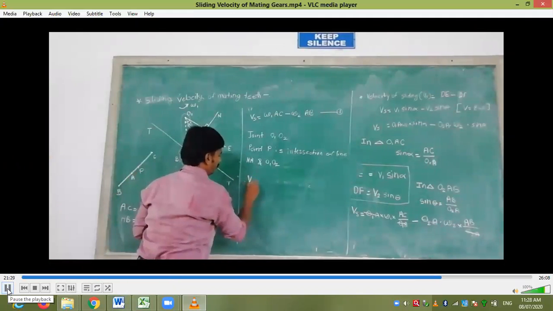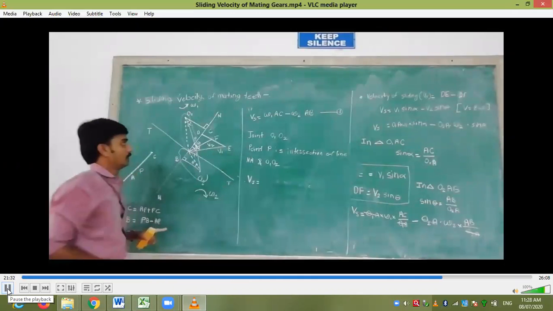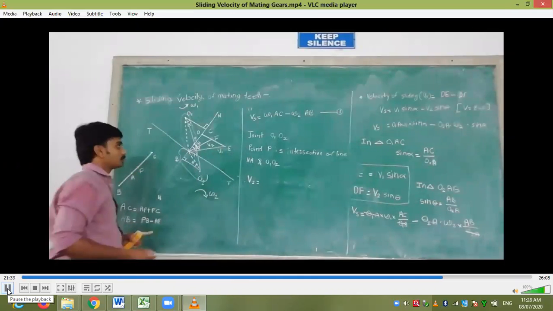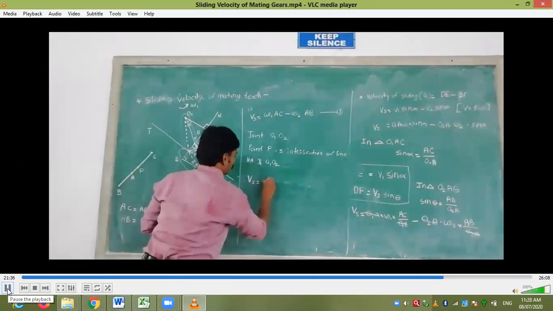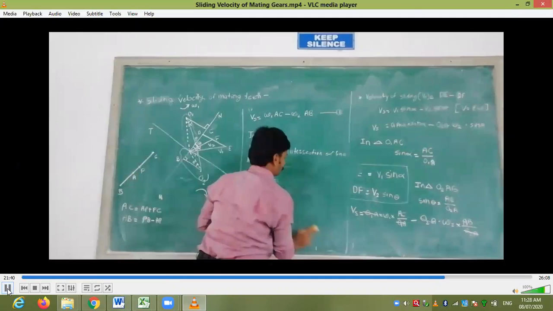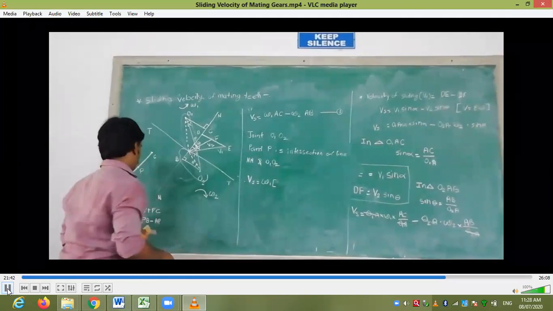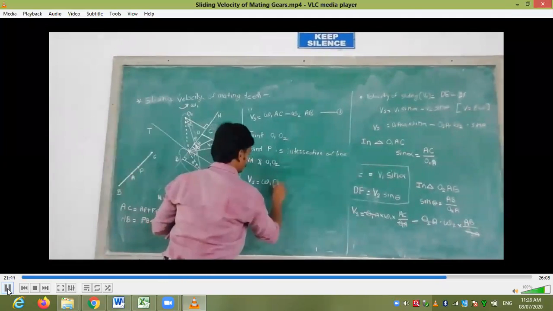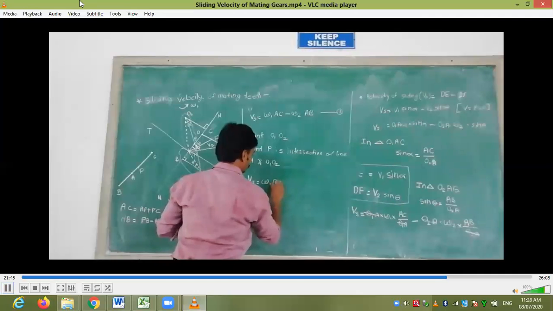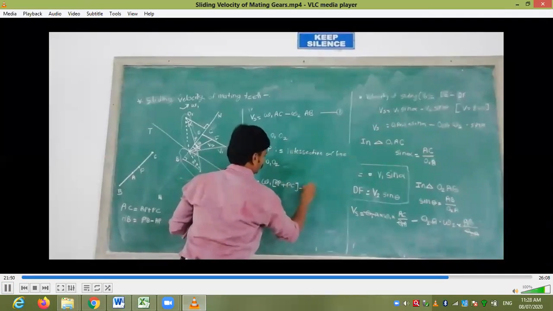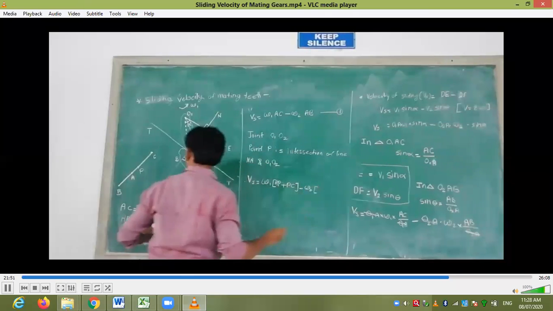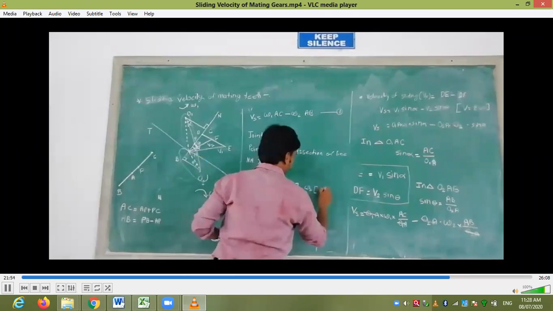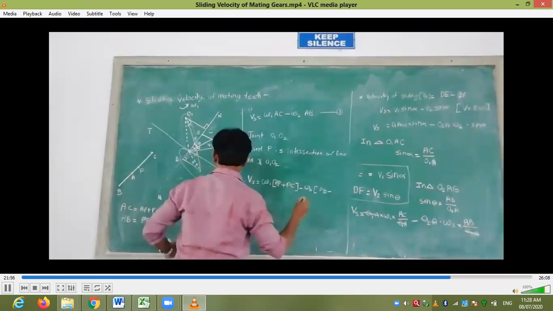Therefore, equation 3 becomes Vs equal to omega 1 into bracket AB plus BC, minus omega 2 into bracket BD minus AB.